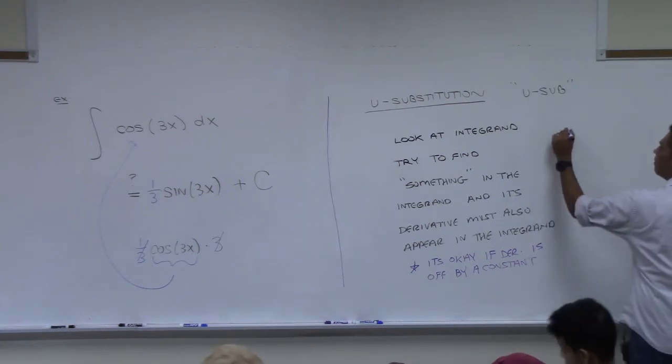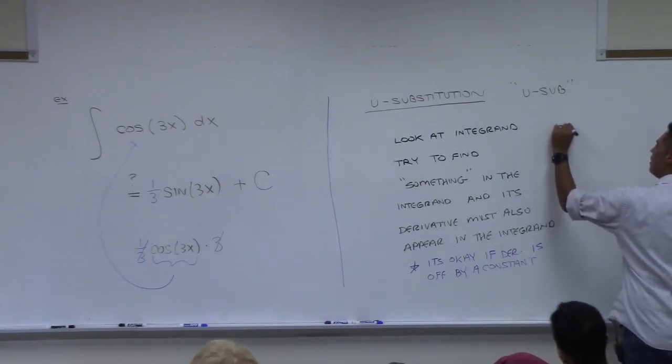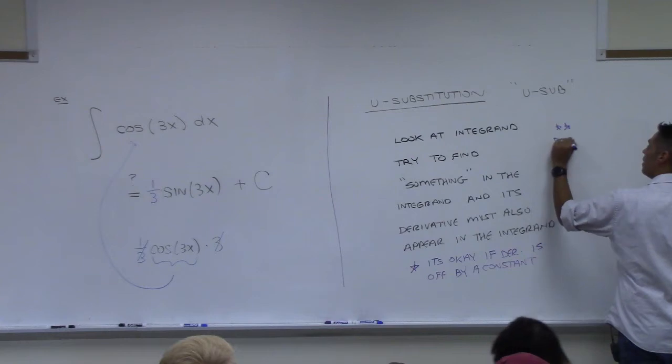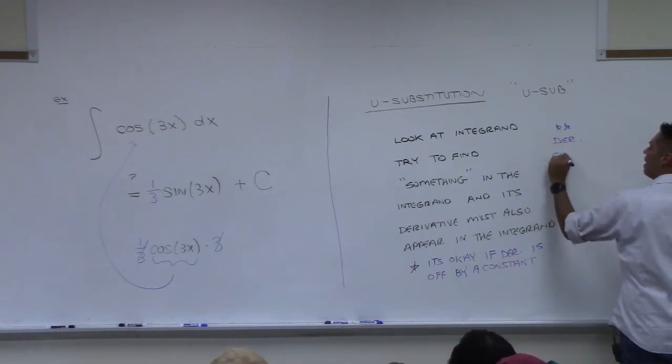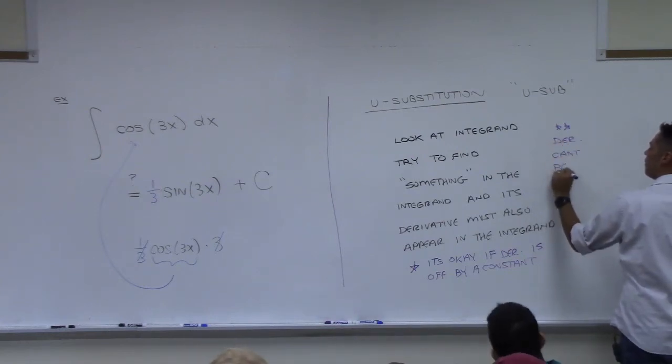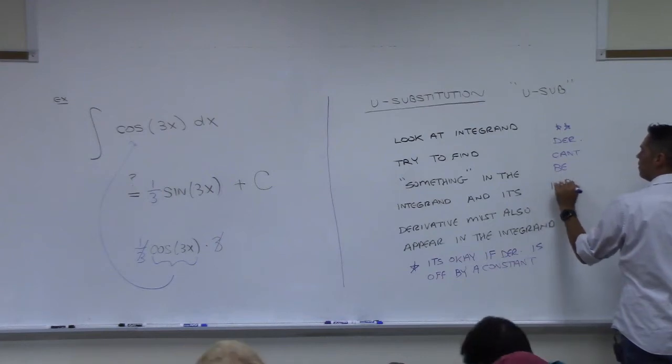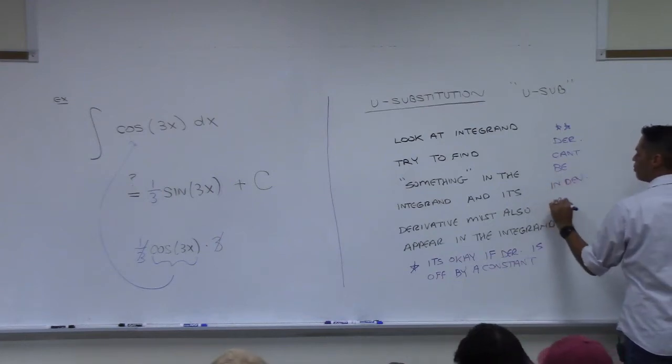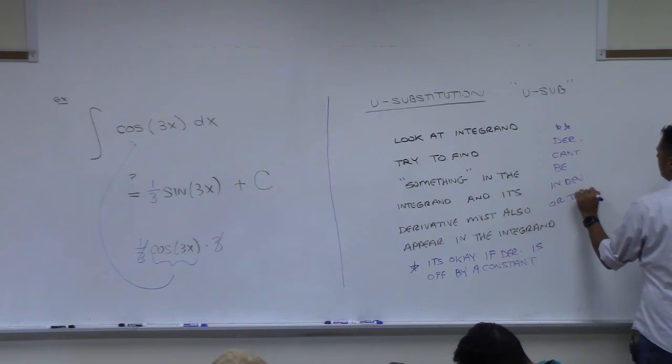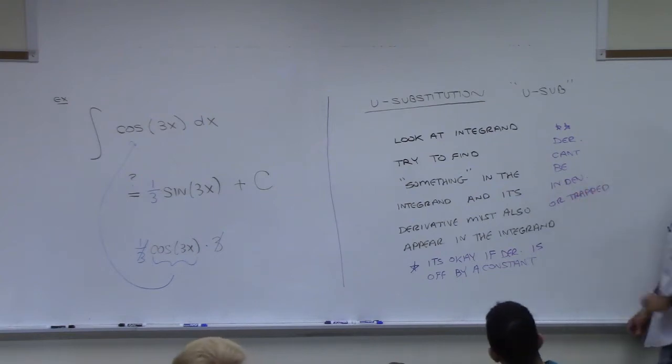Second point here: the derivative can't be in the denominator or trapped. Again, just write it down. We'll explain with examples.